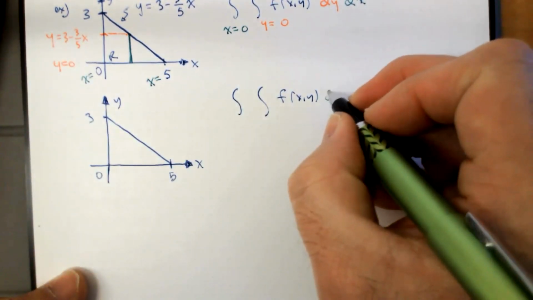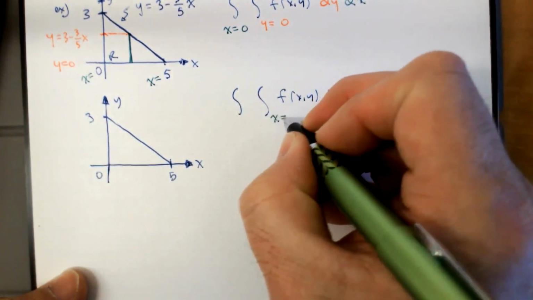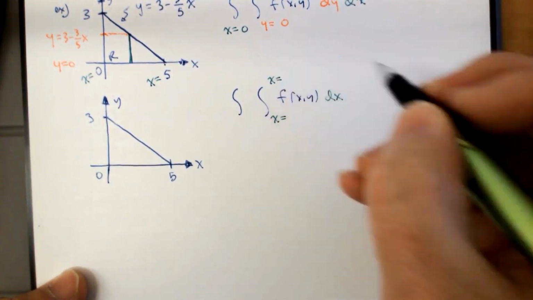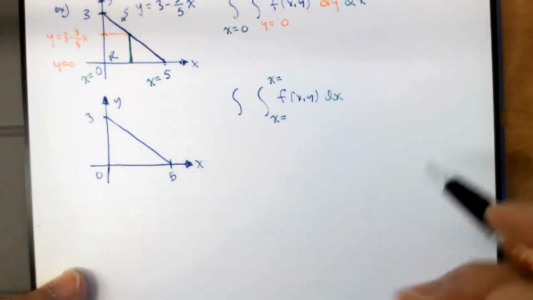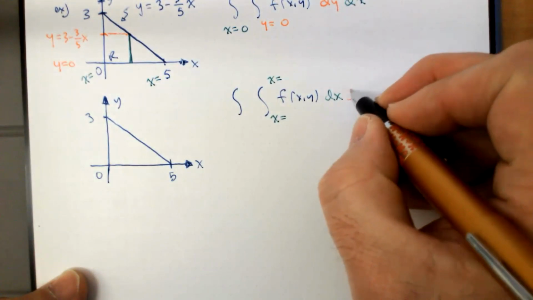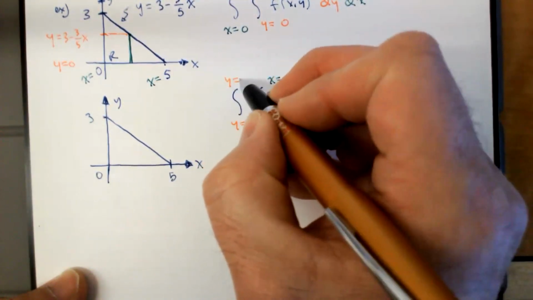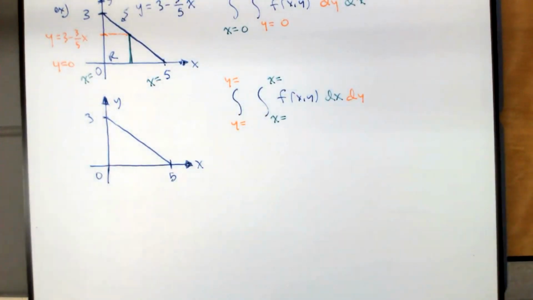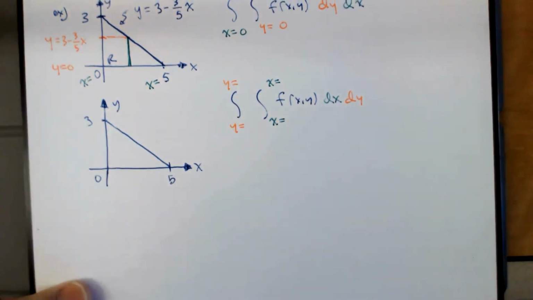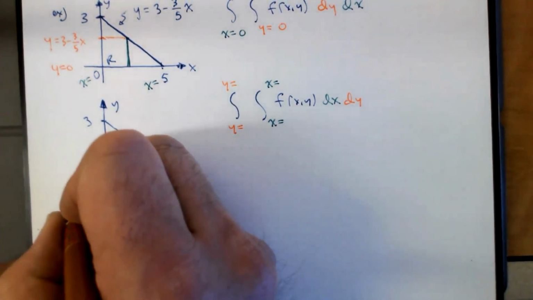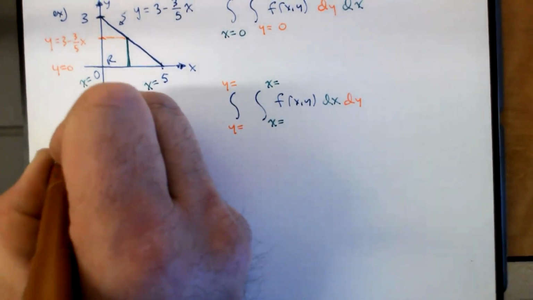So if I write a dx first, that means this first one is going to be x, and the last one is going to be y. So in this case, I have dy as my last integral, and that has to only involve constants. So we just write down what two constants y is between. Y starts off at 0 and goes up to 3.